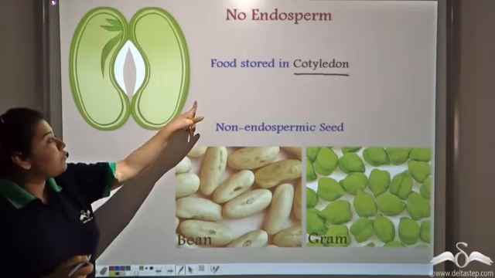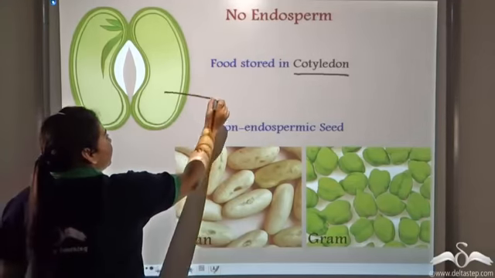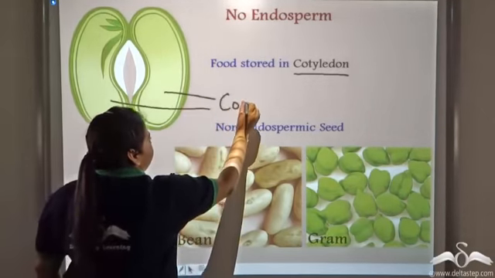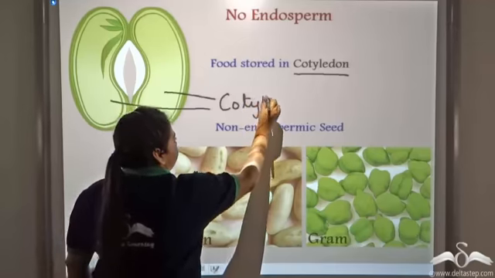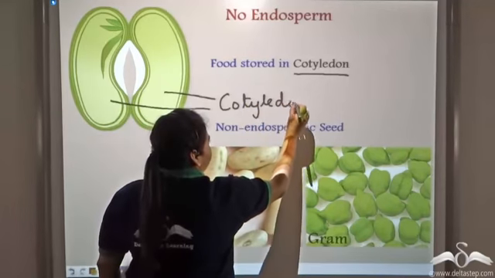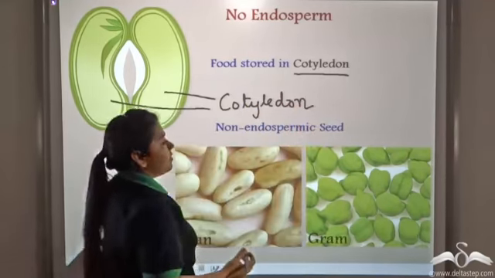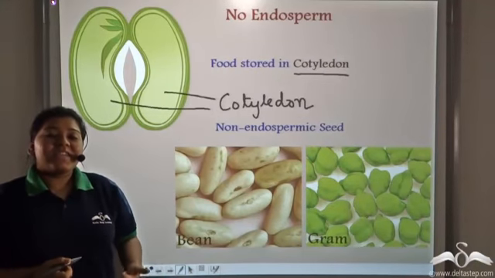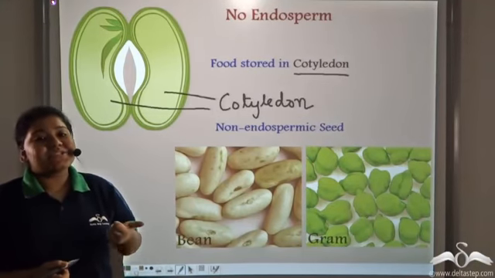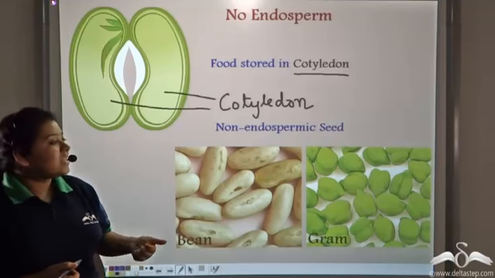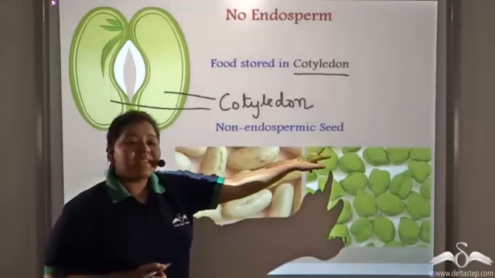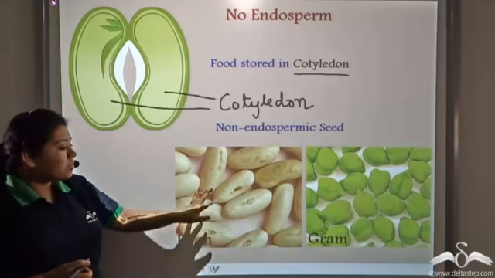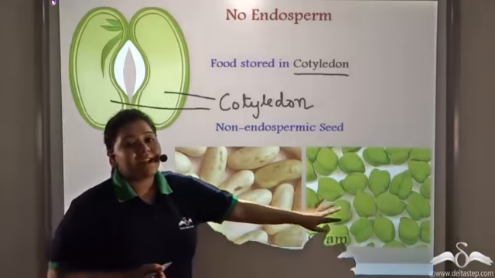So, the food is stored in the cotyledon. Such seeds in which endosperm is not present are known as non-endospermic seeds. Examples of such seeds are beans and grams.